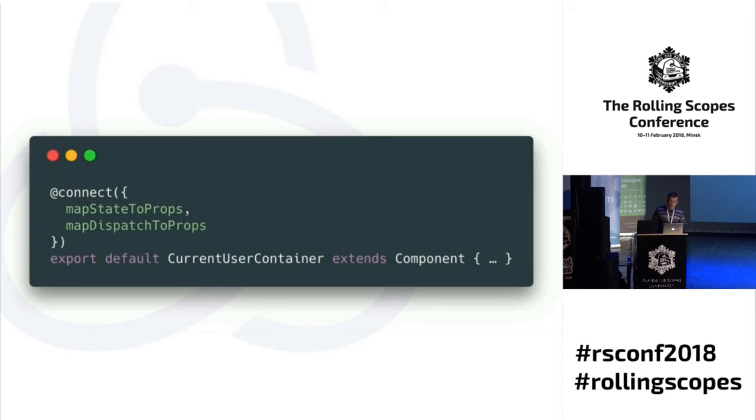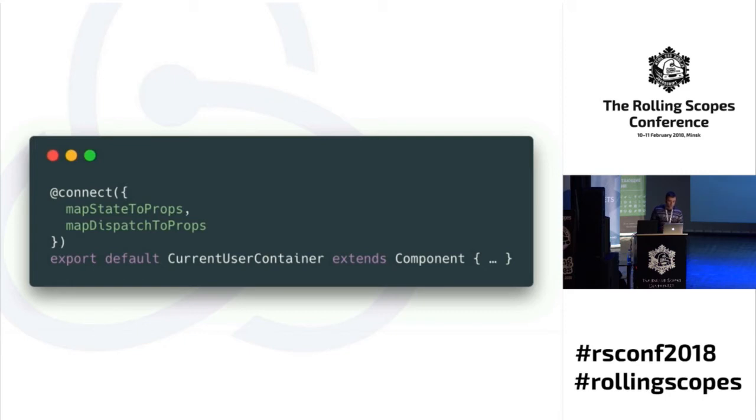But here's the problem. Every time we write connect functions and container code in the same file, we get a one-to-one mapping between those two pieces that we cannot break anymore, or it's very hard for us.